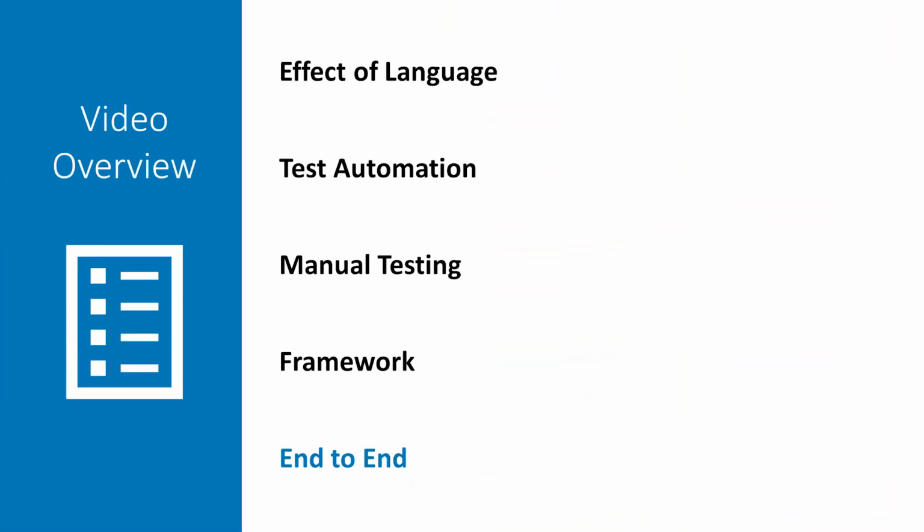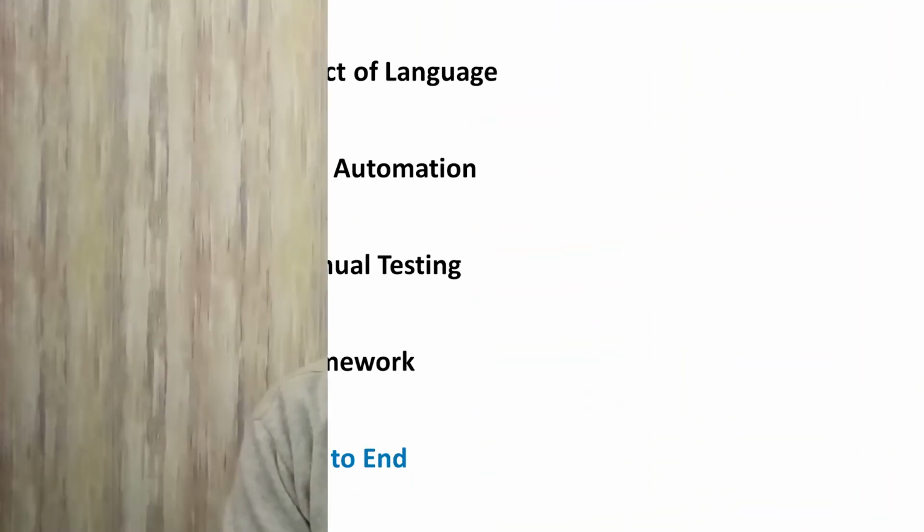So the last term is end-to-end testing. End-to-end could mean, as is commonly understood, the complete user's journey across one complete use case. So you would say use case A of a user starting from finding a product and then adding it to the cart and then checking out, doing the payment, and so on and so forth.